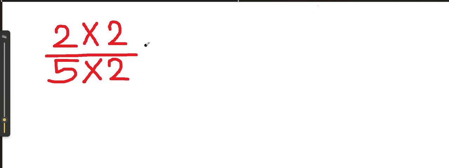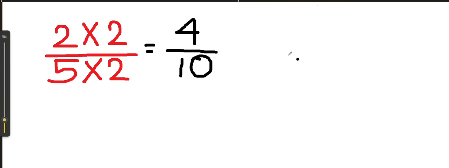So now I can proceed with the sum. 2 over 5 times 2 over 2. So I have 2 times 2 is equal to 4, and 5 times 2 is equal to 10. You see that there is only 1 zero in the denominator.